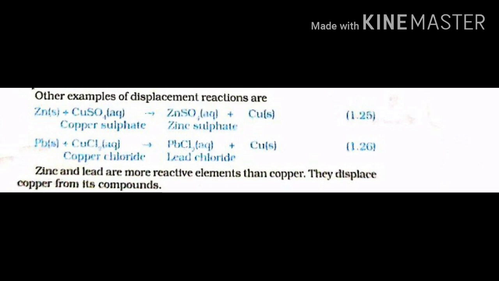Other examples of displacement reactions are Zn plus CuSO4 gives ZnSO4 plus Cu. Pb plus CuCl2 gives PbCl2 plus Cu. Zinc and lead are more reactive elements than copper. They displace copper from its compounds.